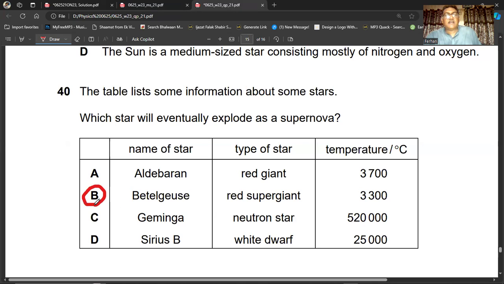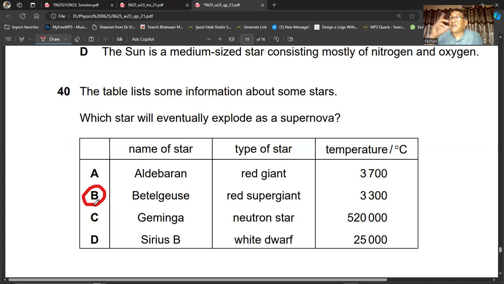So I think Betelgeuse is the right choice. Then we have Jeminga. Jeminga is a neutron star. That's the end of the life. And D is a series, and that's a white dwarf.